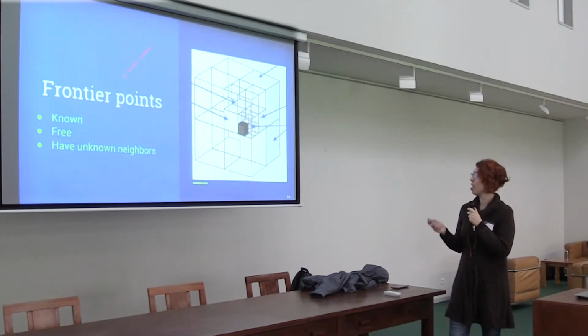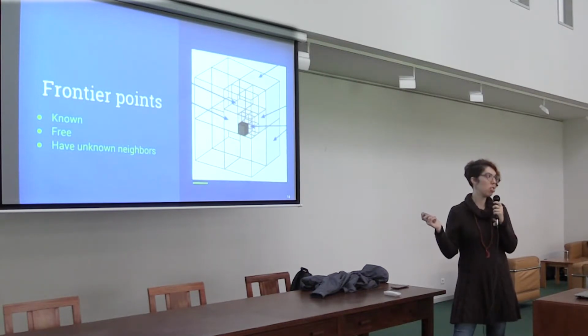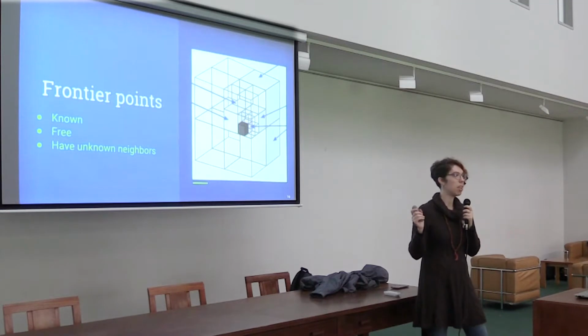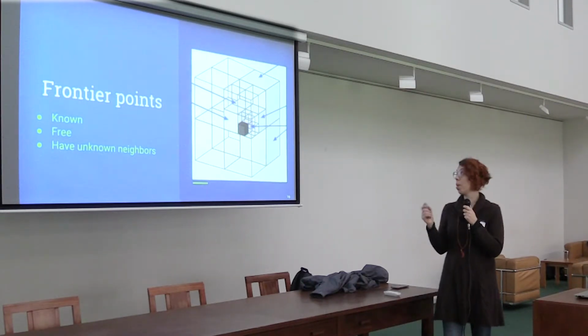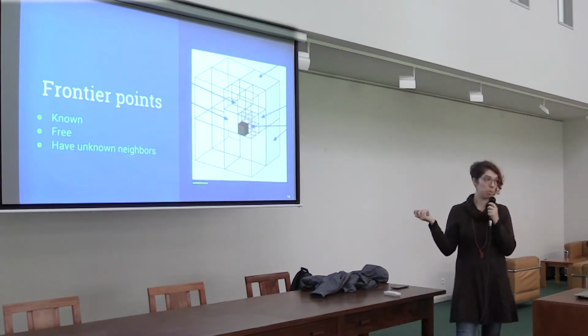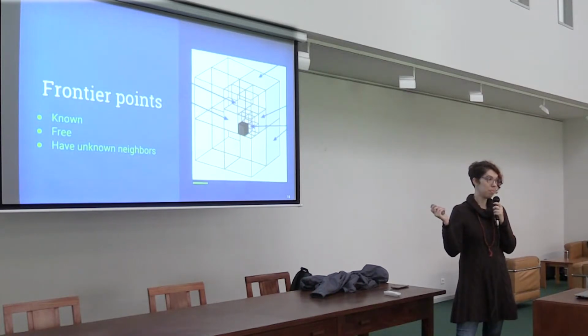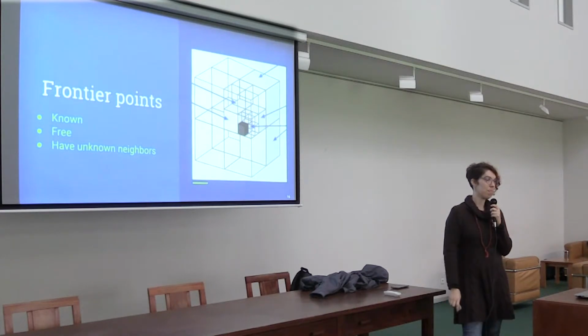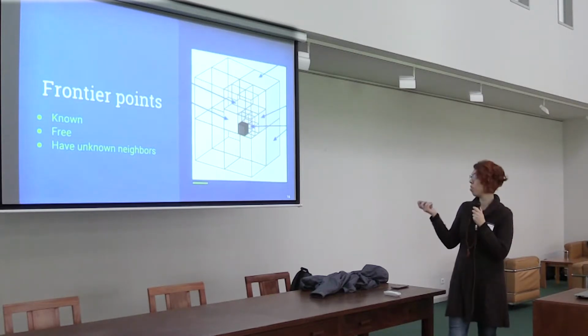I'm going to tell you that here in this image, everything that is unknown is see-through, all right? I want to ask if anybody can figure out how many frontiers we have in this particular image. No, there is no observation point.